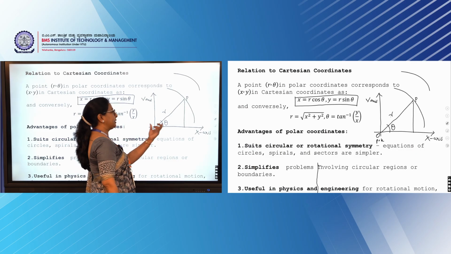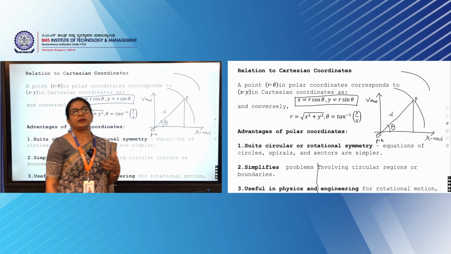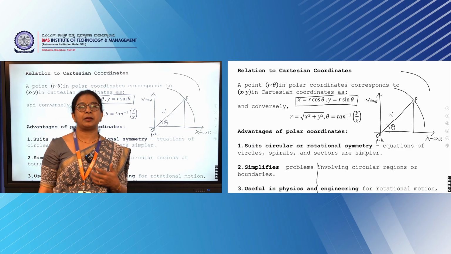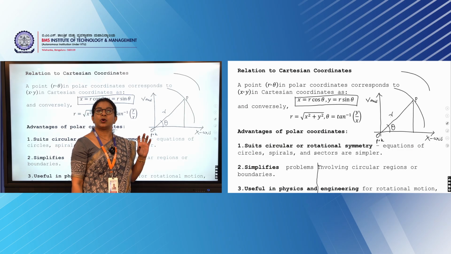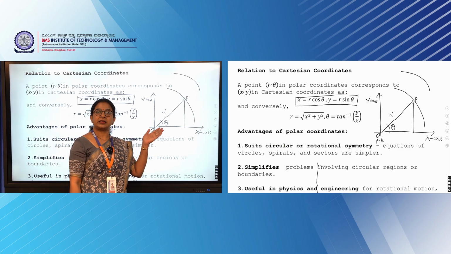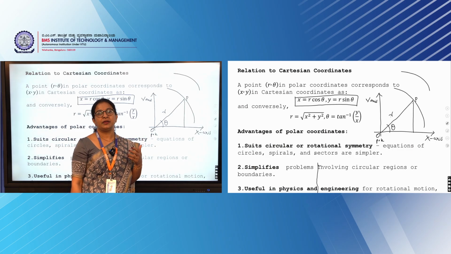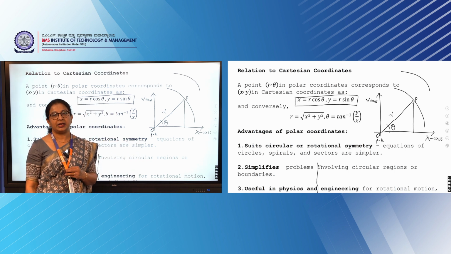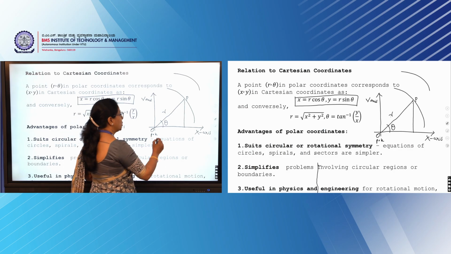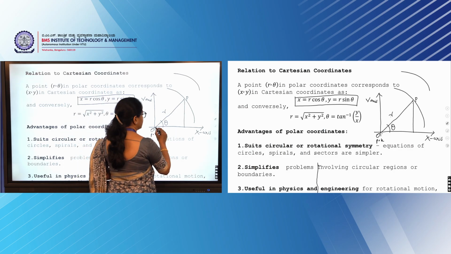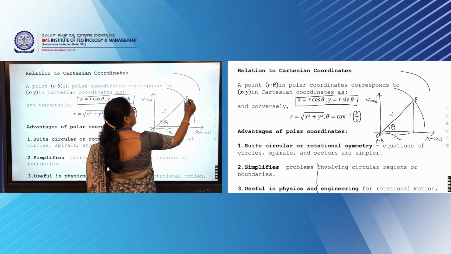And we know when there is an angle, which functions help us to know the perpendicular distance or the base height? We use the trigonometric ratios. So what trigonometric ratio can be used here to know the x coordinate distance? This is x and this is y.